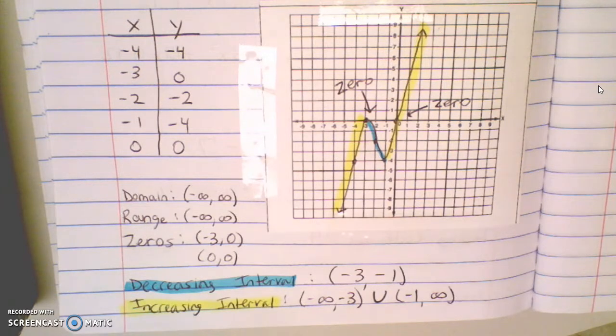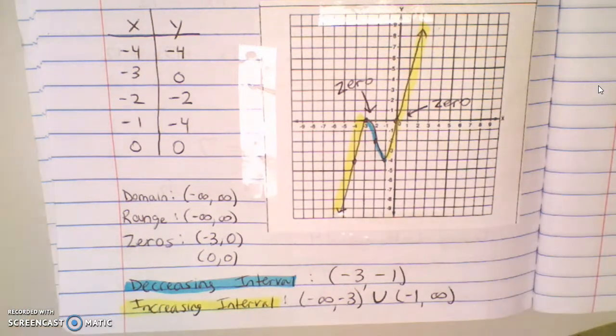Let's take a look at one more equation so you have another example in your notes to reference to help you with any of the problems that you might be working on. Okay, so number 2.